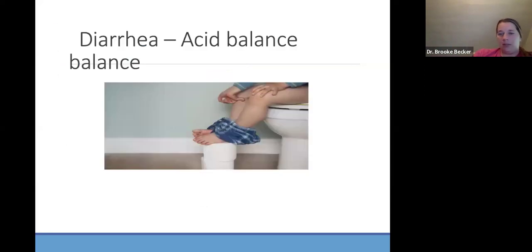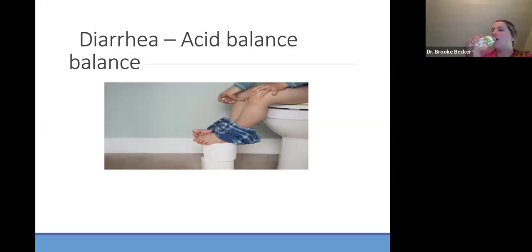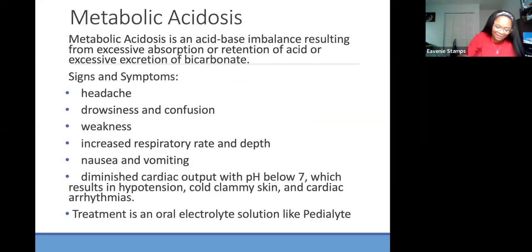Diarrhea, what acid-base imbalance? Metabolic. Metabolic what? Acidosis. Yes. Good. So your signs of metabolic acidosis are headache, drowsiness, confusion, weakness, increased heart rate and respiratory rate.